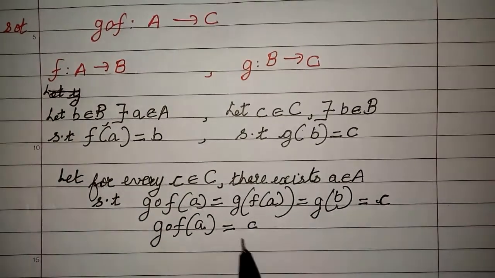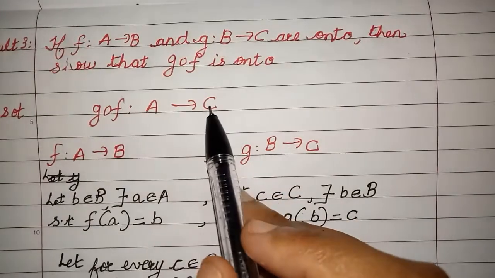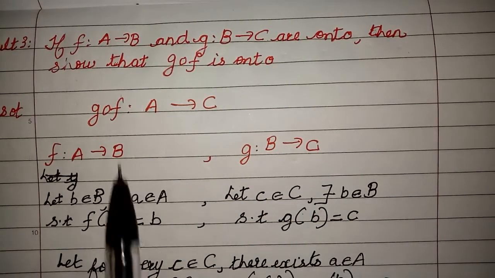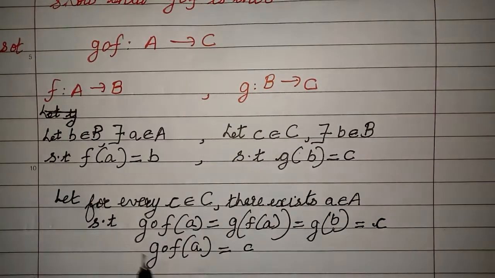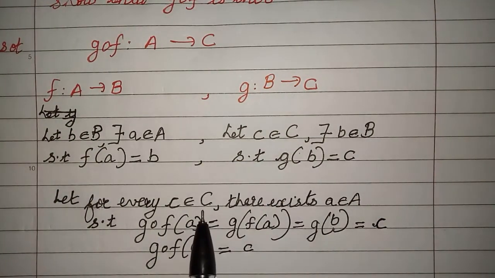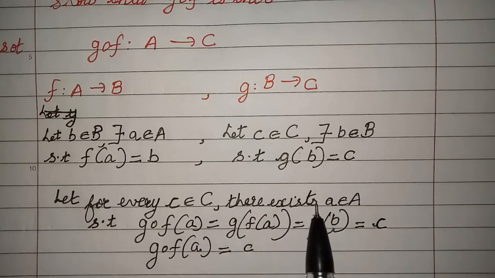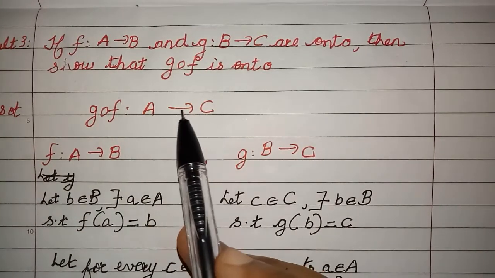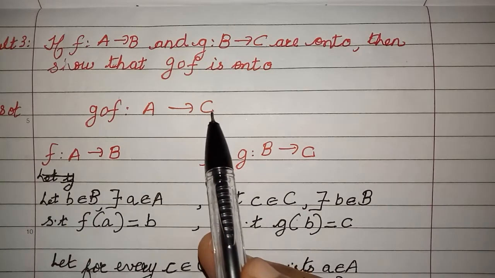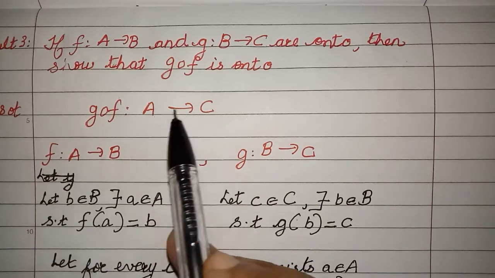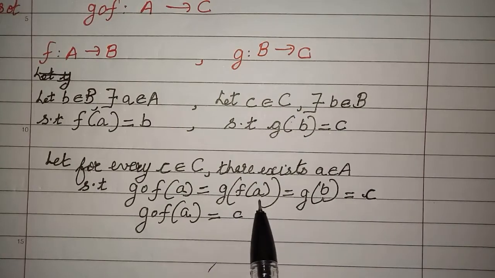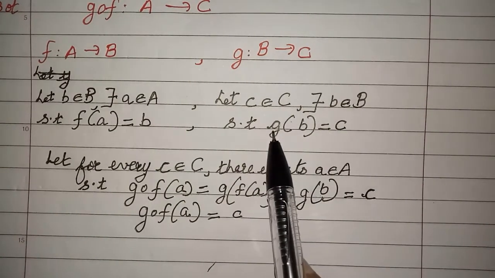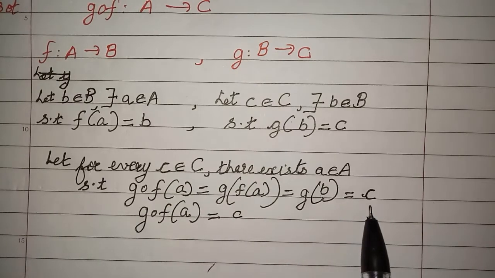Is that clear? So for every c belonging to C, I supposed there exists some a belonging to A. Then I wanted to see what g composite f of a is. g composite f of a is written as g of f of a by definition, but f of a, since it is onto, is b, and since g is onto, g of b equals c.